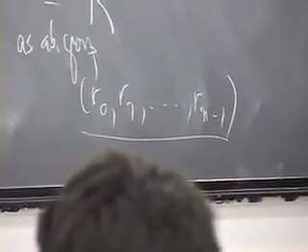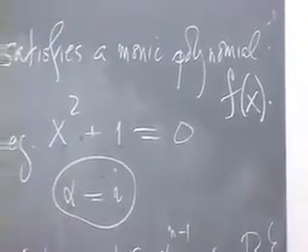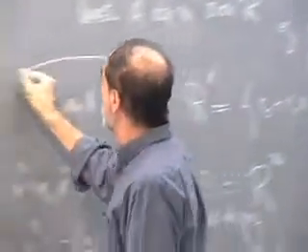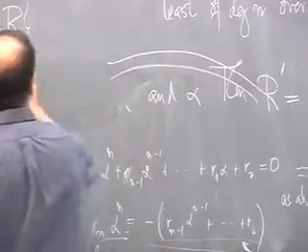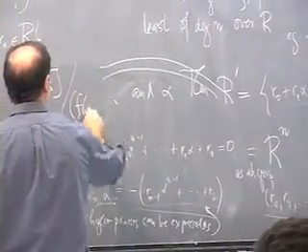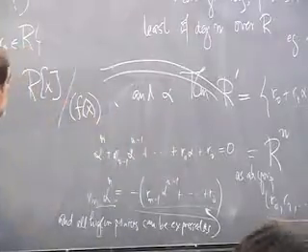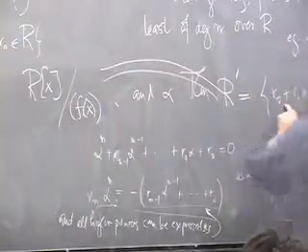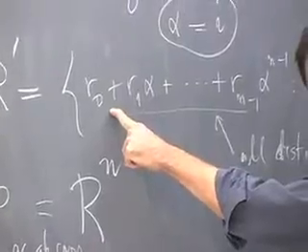And in fact, if this monic polynomial is f of x, then in fact you can show this ring R prime is nothing but the quotient of the polynomials in X by the ideal generated by the polynomial f of x. See, these are just the remainders after you do division by f of x using the Euclidean algorithm.